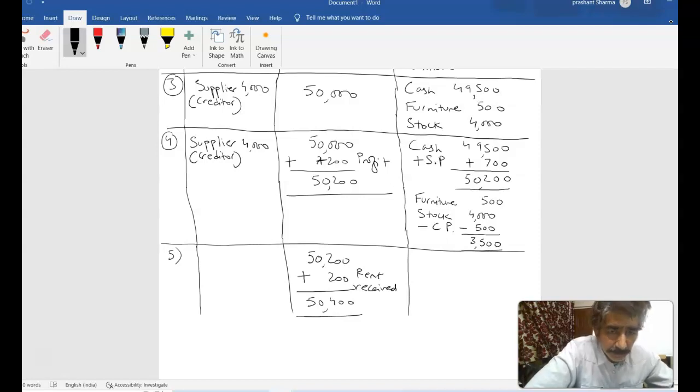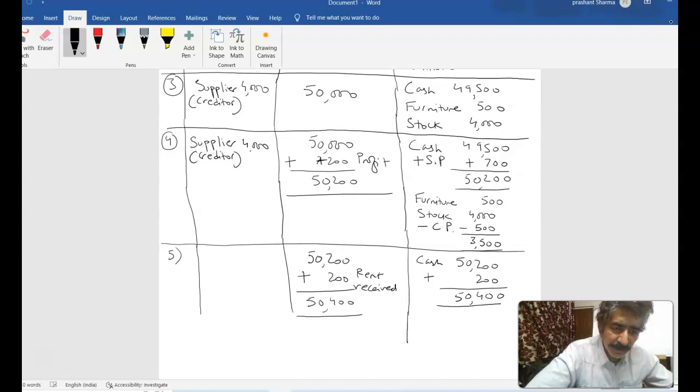And then we must have received this rent from the tenant in the form of cash. So what is going to happen to the cash? Cash, in the previous one you can see the balance 50,200. I've copied that from above. Rent is being received in the form of cash, so we have to add 200 rupees in the cash. So in the cash box of the business, now the cash has become how much? 50,400.